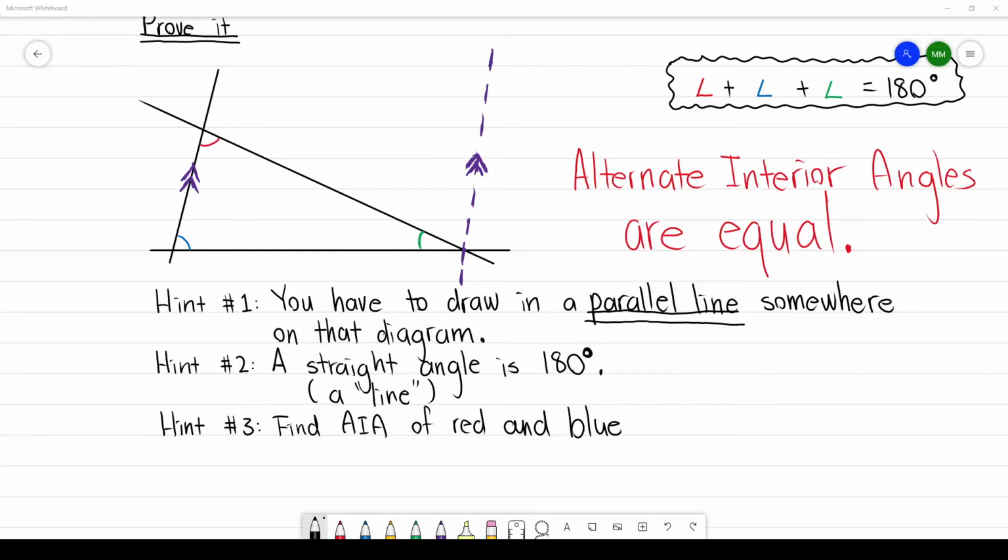So, okay, so what does that say about red, blue, and green themselves? You are saying that the alternate interior angles of them form 180 degrees. So what about those angles themselves? Very close. Just one more line of explaining.